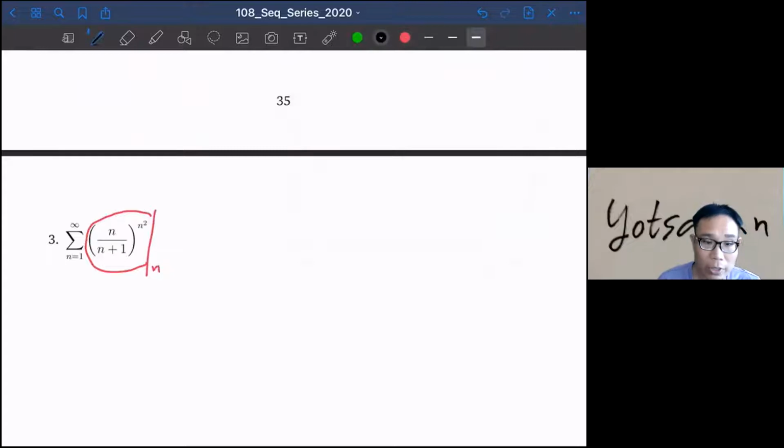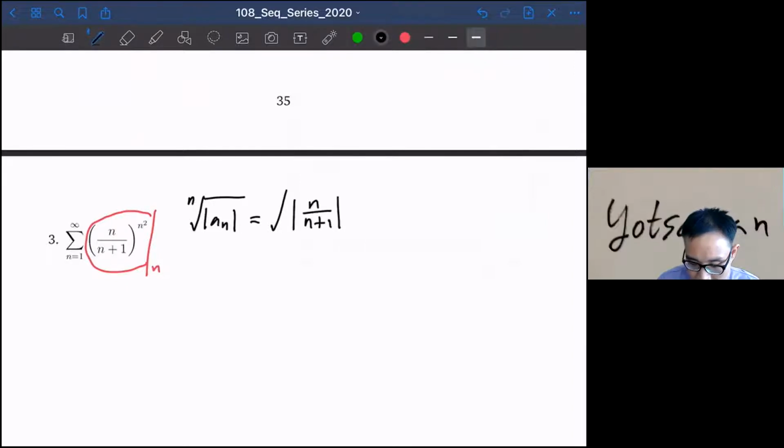The thing that we're going to compute will be the n-th root of the absolute value of a_n. So it's going to be the absolute value of (n over n plus 1) to the n squared.